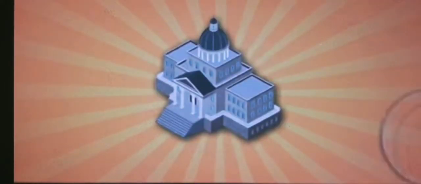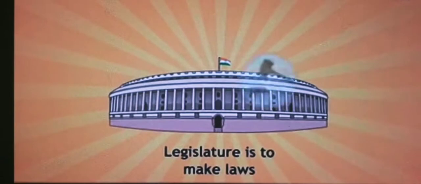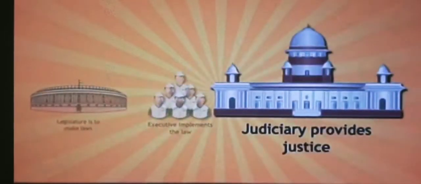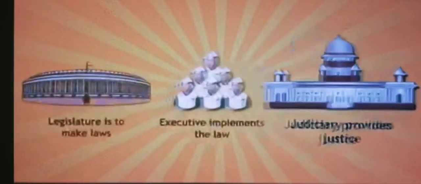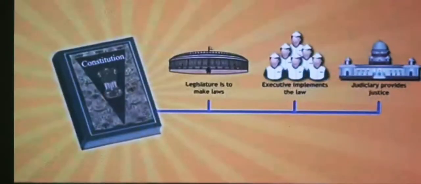Before we go ahead to understand the different types of government systems, let us get information about the main branches of government. The function of the legislature is to make law. The executive implements the law and the judiciary provides justice. The functions of these organs, their jurisdictions, the limitations on their power and the interrelationship between these organs are decided by the Constitution.